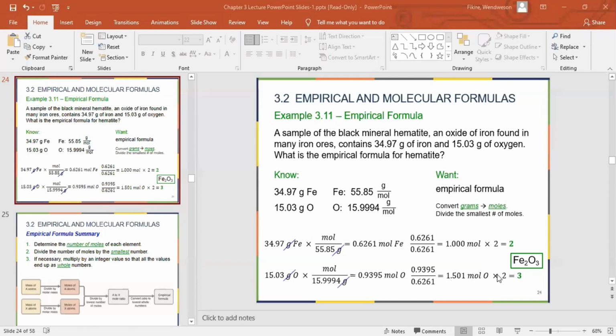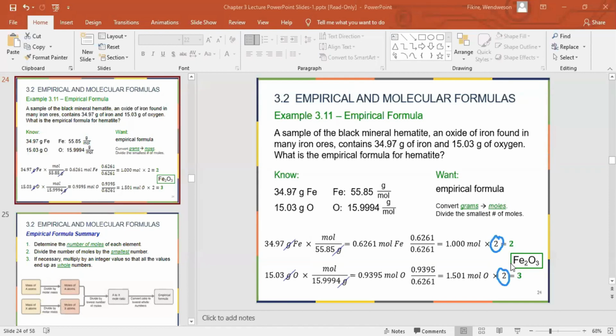So we multiply by 2 to get an integer. When we multiply 1 by 2, we get 2. When you multiply 1.5 by 2, you get 3. That's where 2 and 3 come from. The important thing is that mathematically, if you multiply a ratio by a constant number, the result doesn't change.